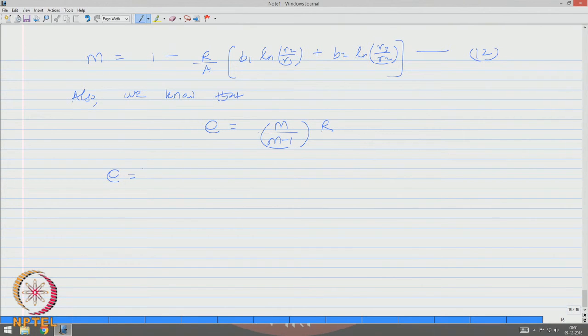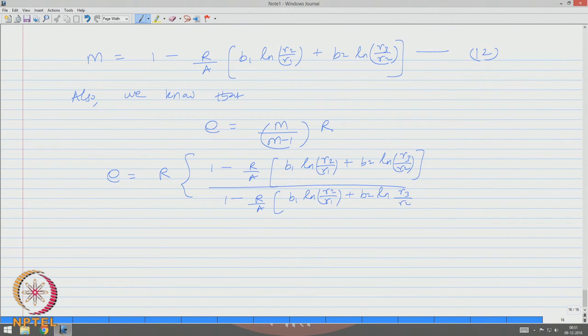E is going to be equal to R of 1 minus R by A of B1 log R2 by R1 plus B2 log R3 by R2, divided by 1 minus R by A of B1 log R2 by R1 plus B2 log R3 by R2 minus 1, which gets cancelled.